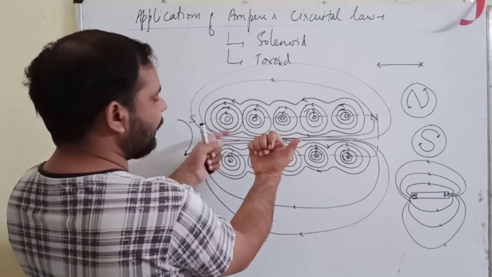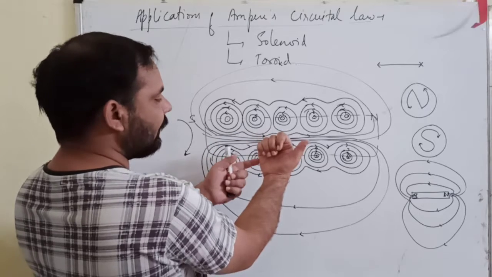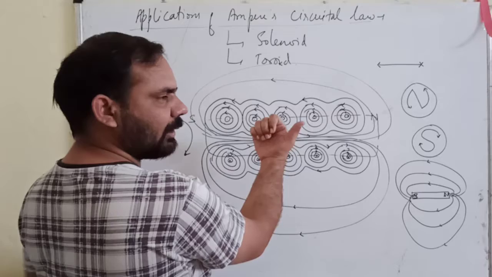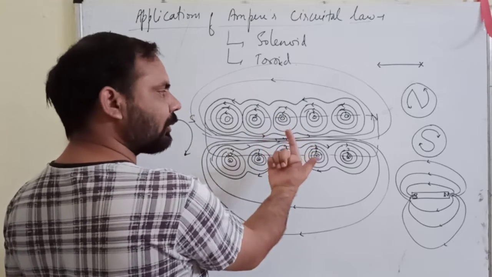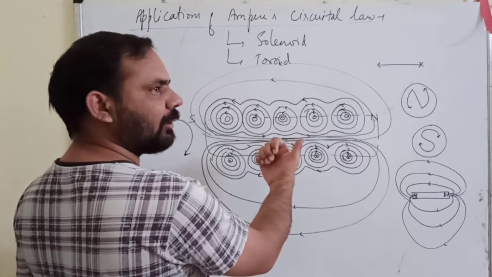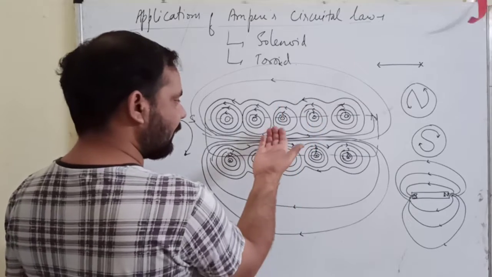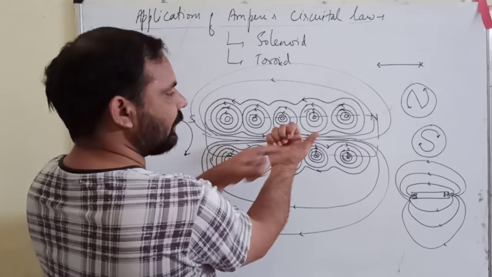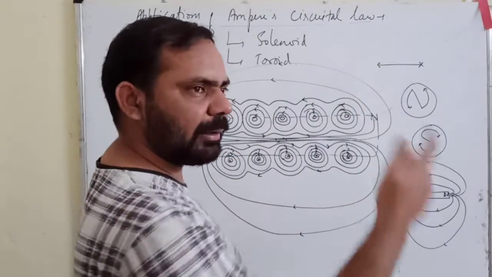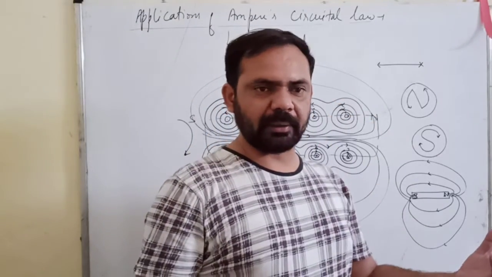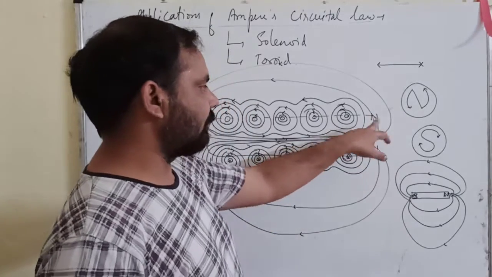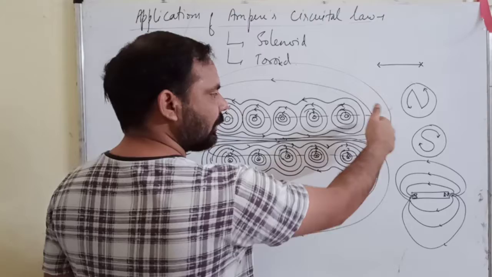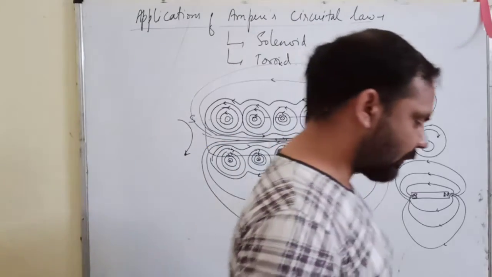Now the direction of the thumb will represent the north pole of the magnetic field of the solenoid. The direction of thumb will tell the end which is having the north pole. So here, if you grasp it like this, we get the thumb direction here. So it means this end is the north pole. Okay.